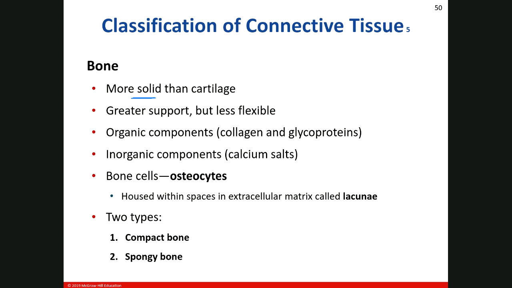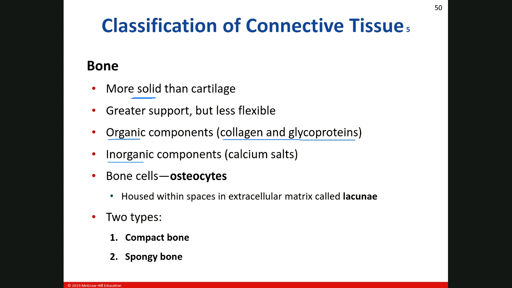So when we talk about bone's composition, we break it down into an organic component and an inorganic. Just to memorize this right now, the organic components are these two items: collagen, protein fibers, and then glycoproteins, which is the ground substance. And then the inorganic component is what we call the calcium salts.